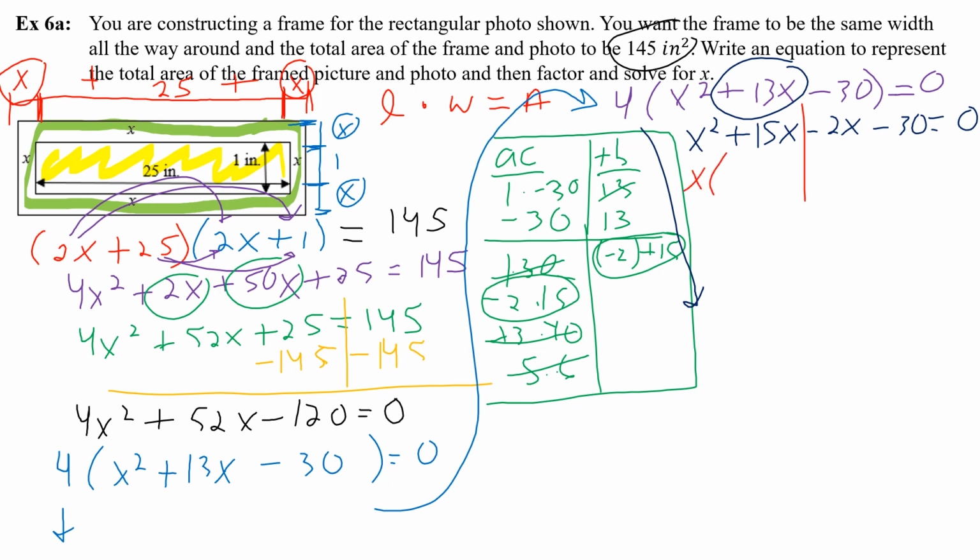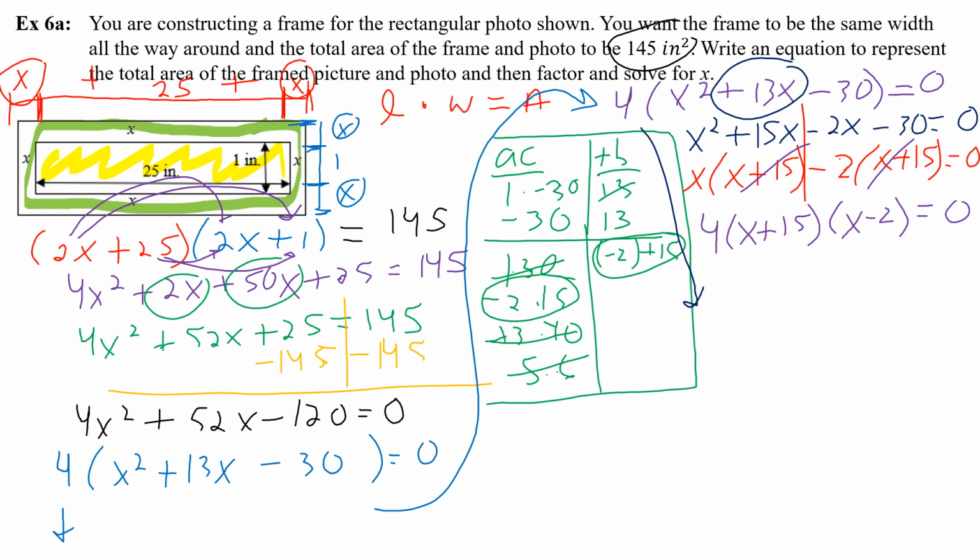They both have an x in common, so we're left with x plus 15. We can factor out a negative 2, and we're left with x plus 15. What do they both have in common? x plus 15. And then whatever is left forms its own parentheses, x minus 2. And then the 4 from before.